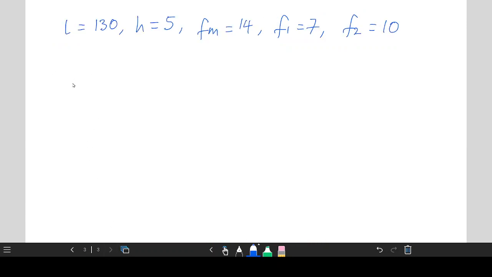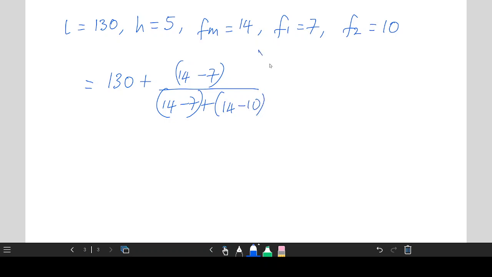Using this data, we put it in our formula, which is 130 plus (14 minus 7) over ((14 minus 7) plus (14 minus 10)), all times 5.